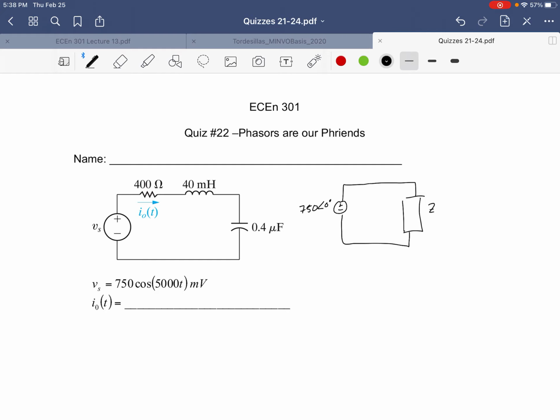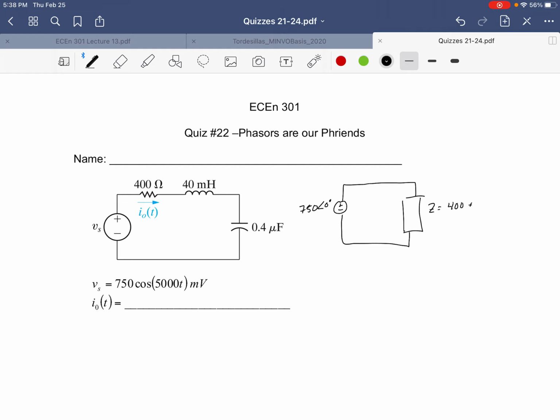this Z impedance is going to include three different things. It's got to include the resistance, and then the inductance, and the capacitance. Okay, so the resistance is going to be 400.